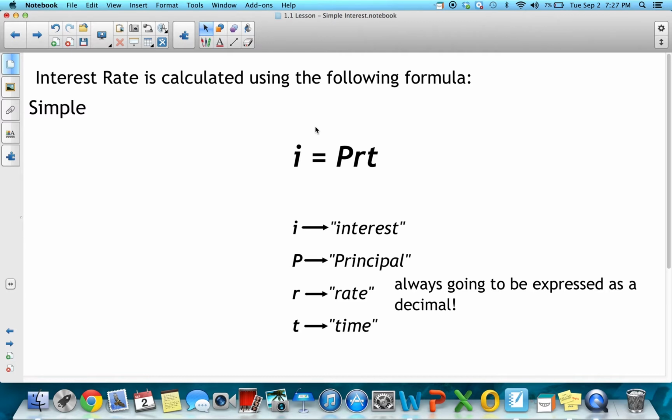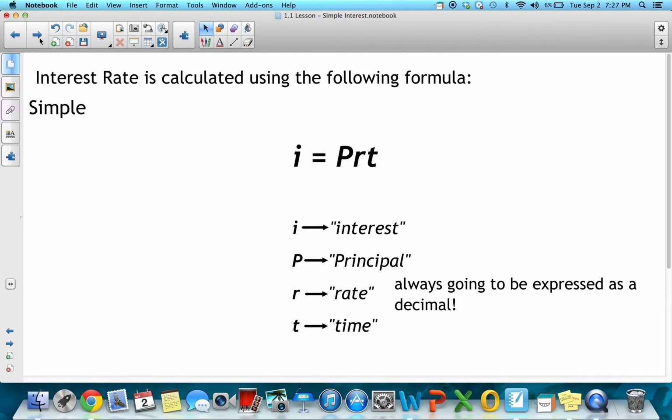Remember that to change from a percent to a decimal, you always divide by 100. So if you're talking about 4.5% as a decimal, that's going to be 0.045. All right, and T is your time. So if you have the investment for 5 years or 10 years, if you have the car loan for 5 years or 7 years or 8 years, that's going to be your time.